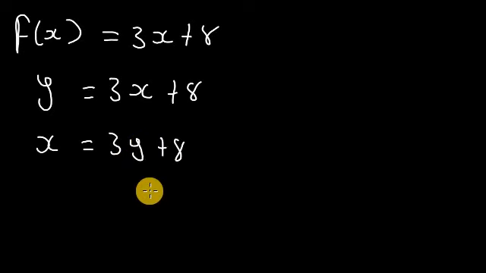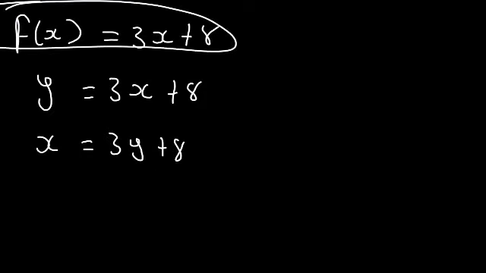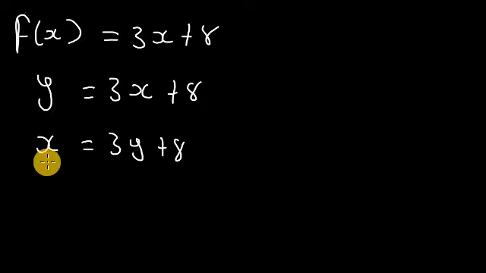In the last step, I'm going to isolate y, meaning that I would make y the subject of the formula. Whatever expression I have for y in that case is simply the inverse function of f of x, or whatever function is given to you. So let's do that. I'm going to subtract 8 from both sides.